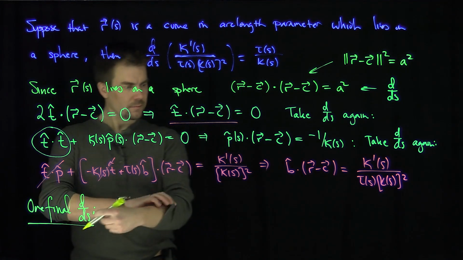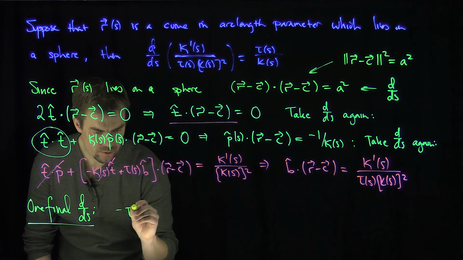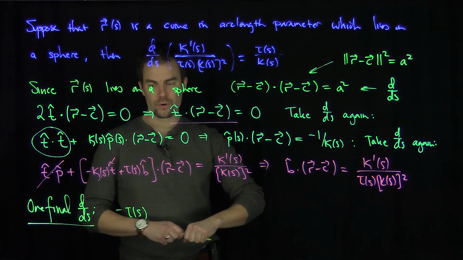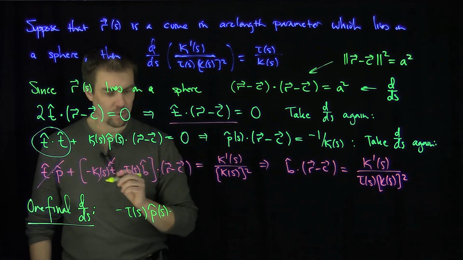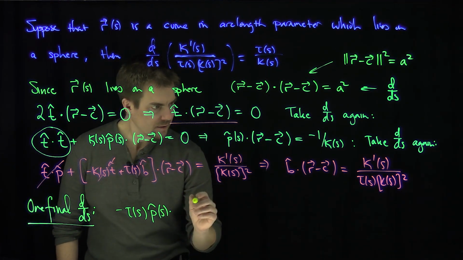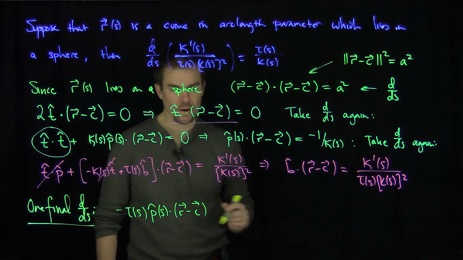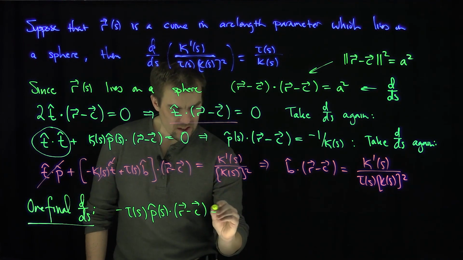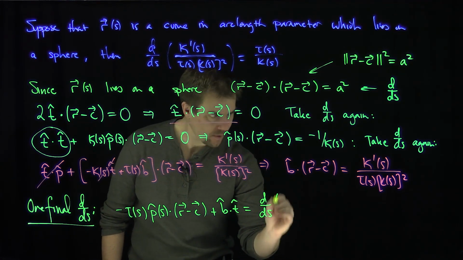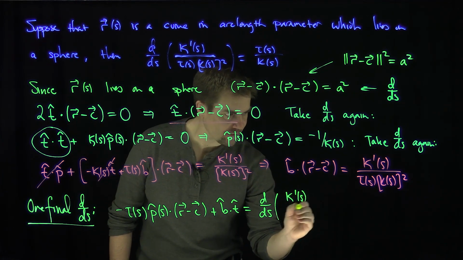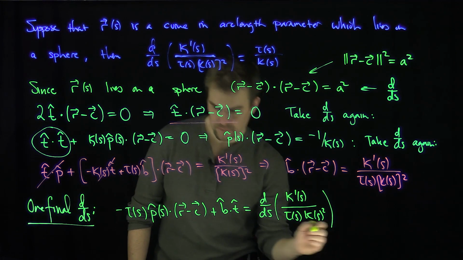By Frenet-Serret, that's going to be negative torsion of s times n hat of s, dot (r minus c). And then plus b hat dot t hat, which is 0, is equal to d by ds of kappa prime of s over tau of s, kappa of s quantity squared.